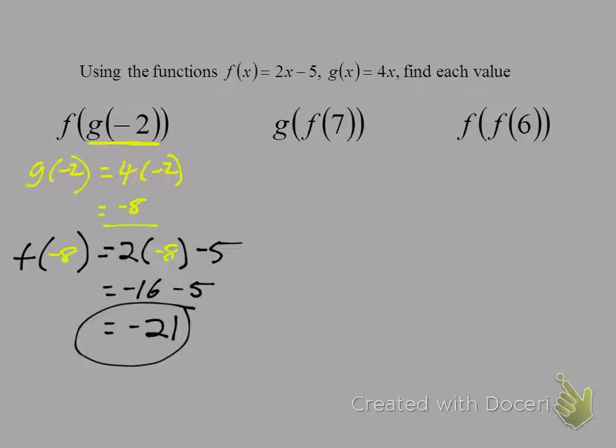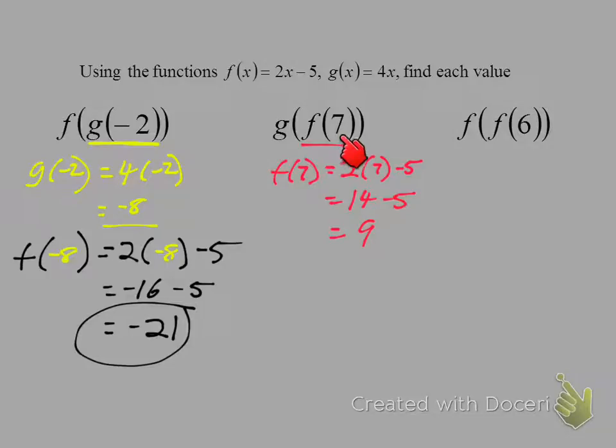Second one, g of f of 7. I always say work these inside out. That's pretty much how I run them. So we're going to do f of 7 first. We plug 7 into x, which gives you 2 times 7, which is 14, minus 5 to give you 9.